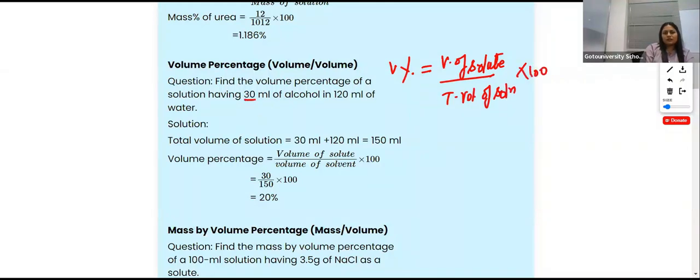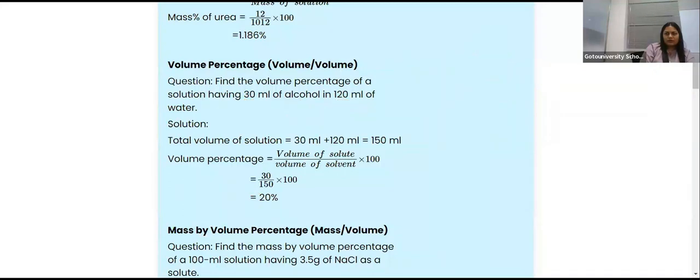Solute is 30, water is 120. For total volume we add them, that will be 150 ml. 30 by 150 multiplied by 100, so 20% comes out as the volume percentage.